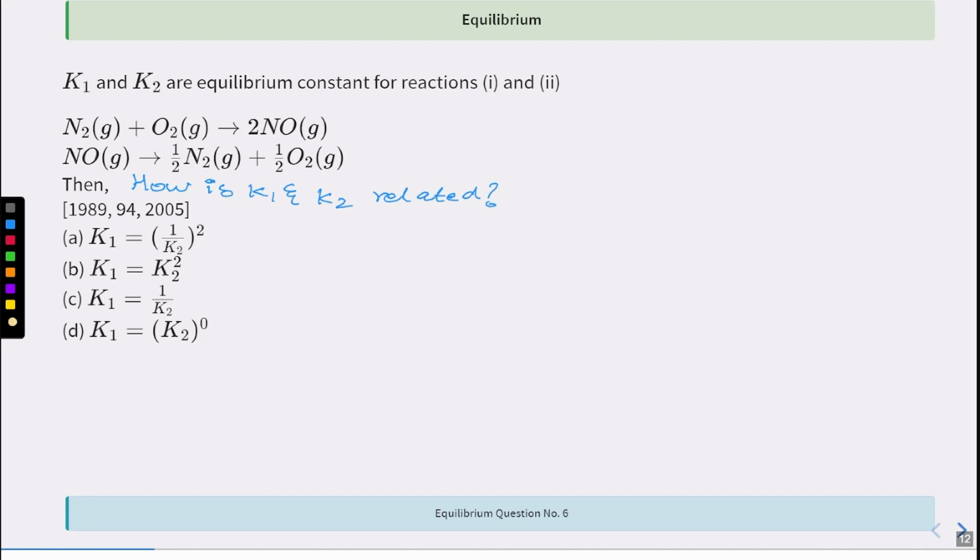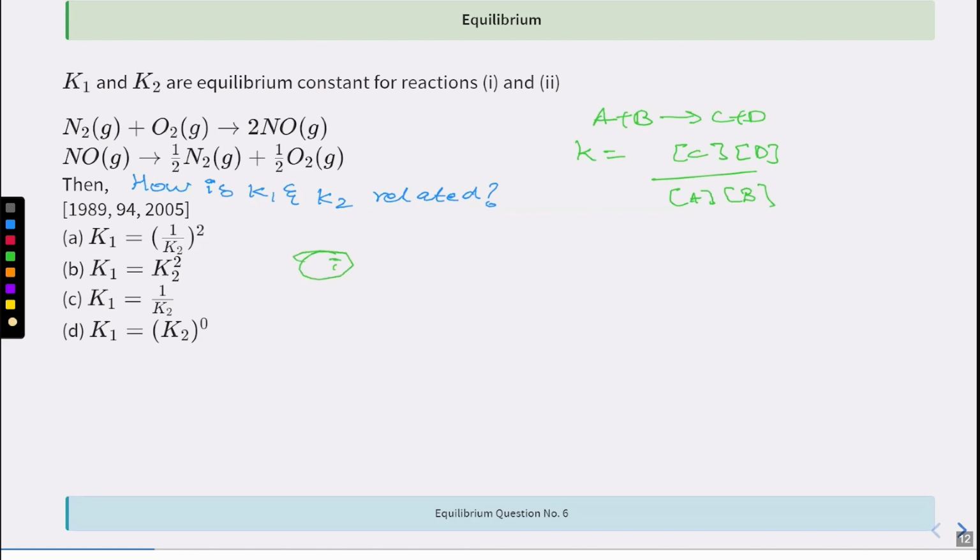Suppose I have A plus B that gives rise to C plus D. So the K of this equation will actually be products by reactants. We saw it in the previous question when we were solving the Kp problem, right? So you need to just perform the same thing again.